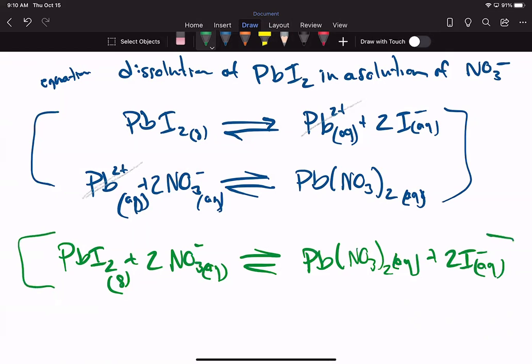So here is my net equation for the dissolution of lead iodide in a solution of nitrate. First we have to come up with the reaction on how we're going to split that up into aqueous ions, and then add those ions into a solution of nitrate.